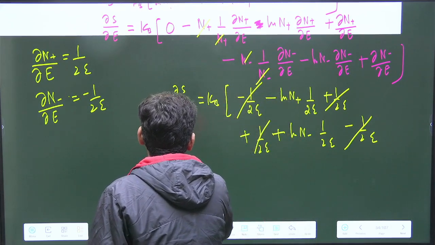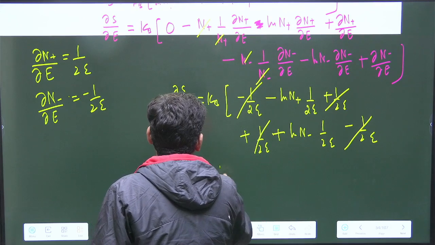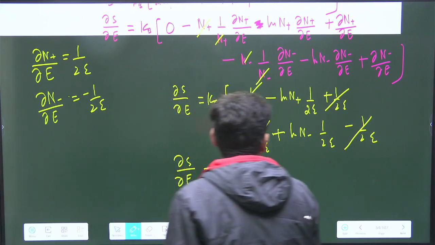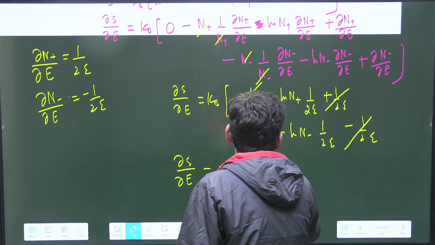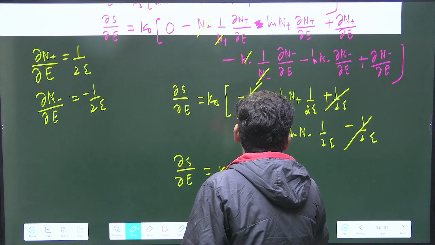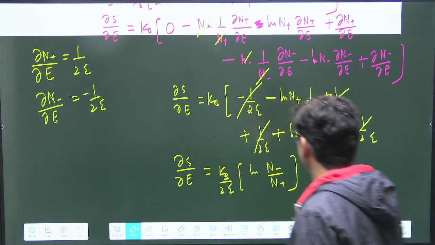So actually del S by del E will become KB, and taking 2E out, log of n minus by n plus.